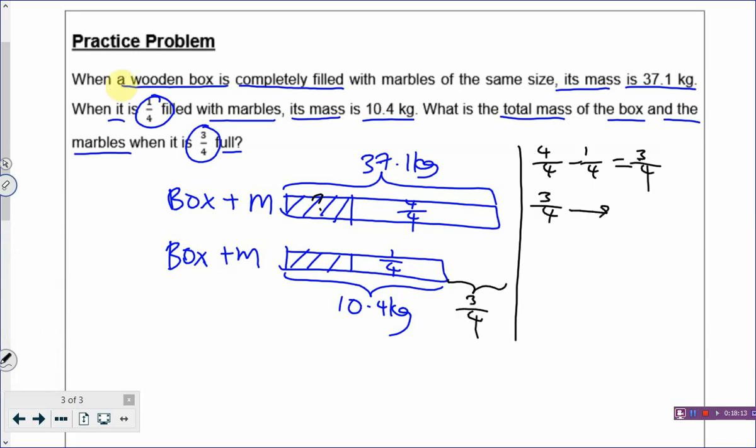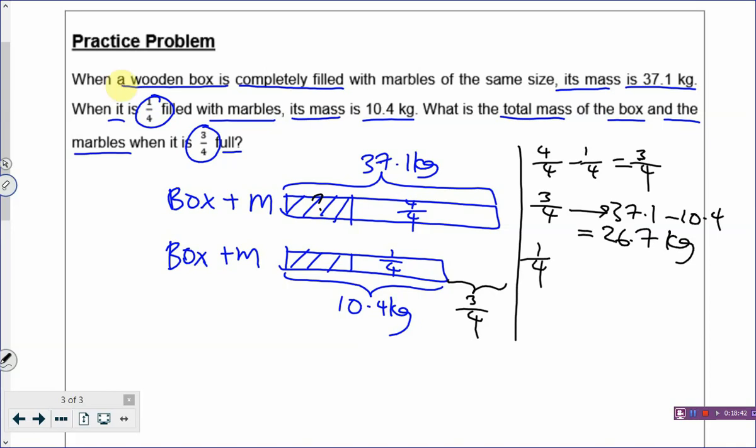You look at the total mass, which is 37.1, and you minus the total mass of the box which is 1/4 full of marbles, 10.4, and you find the difference. So 37.1 minus 10.4, and the difference is 26.7 kg.